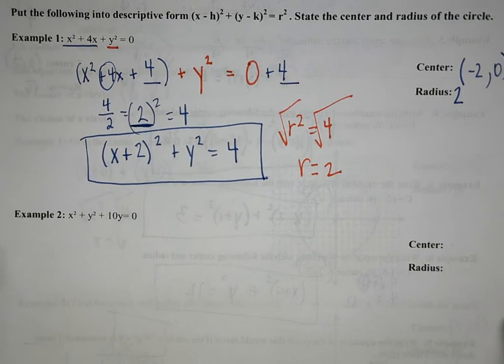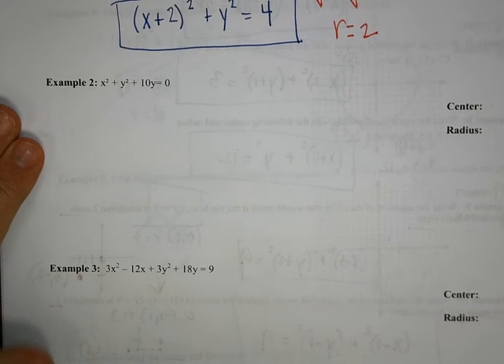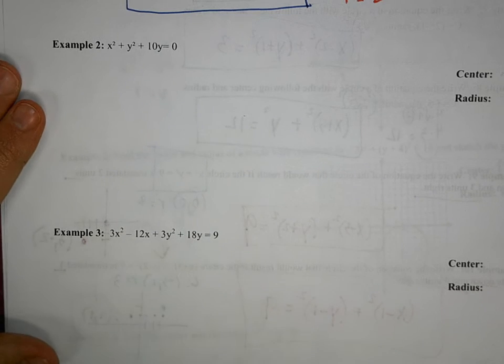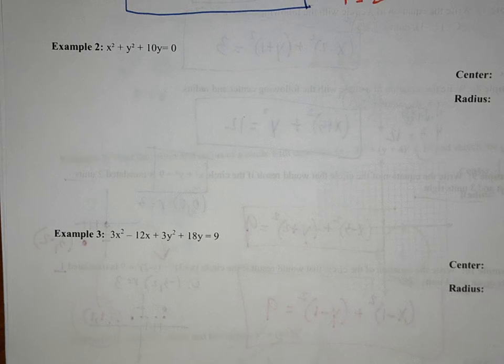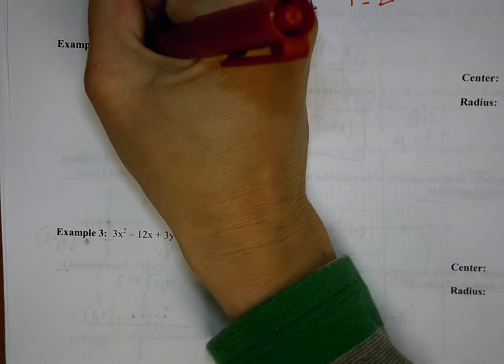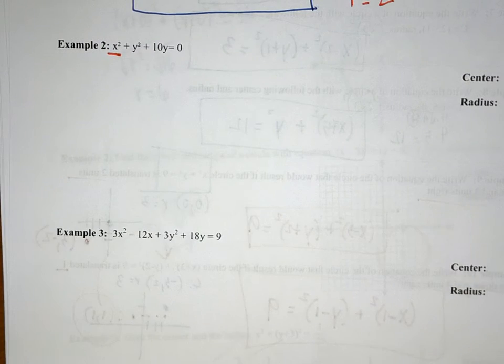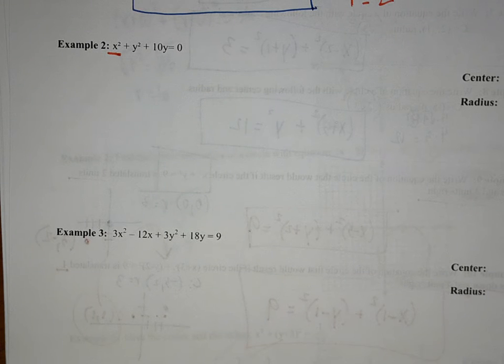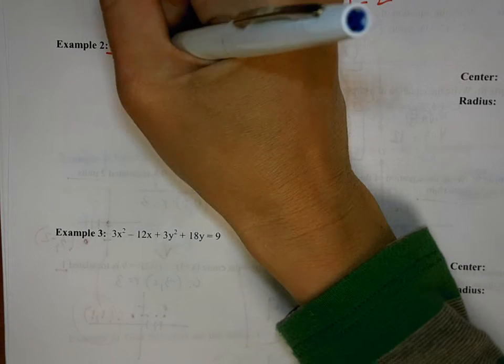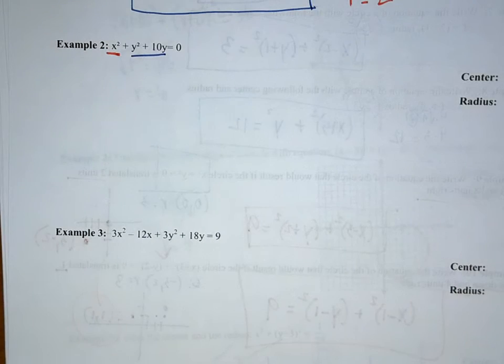Okay, moving on to the next question. When we look at example 2, notice that the x squared is by itself. There's no plain x term to complete the square with. So in this case, we don't have to complete the square with the x term. We only have to complete the square with the y term.